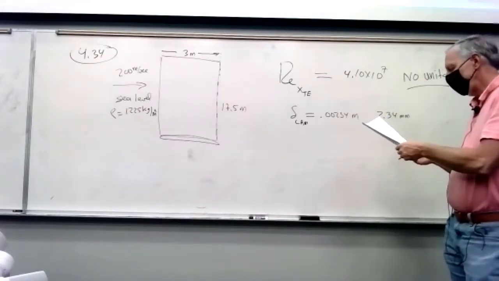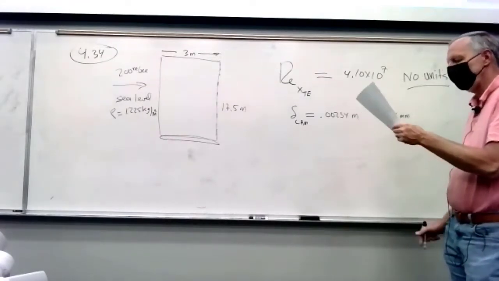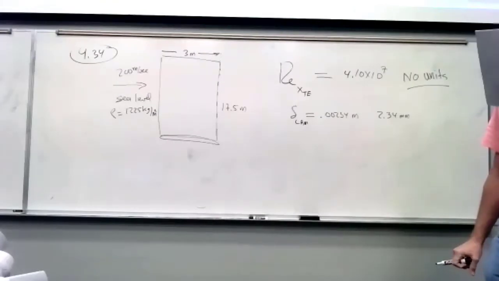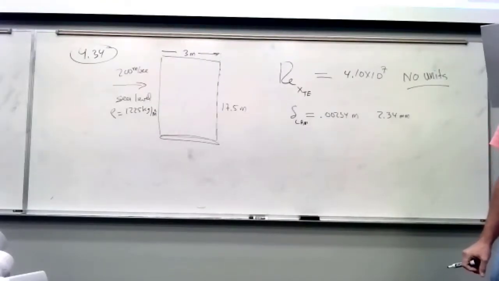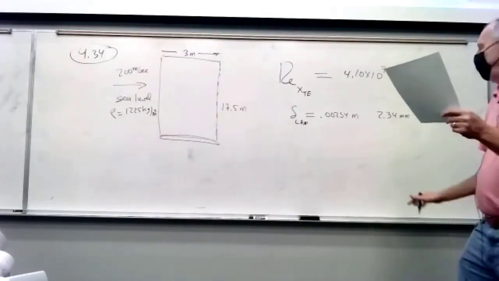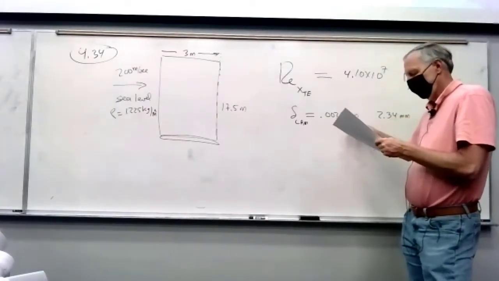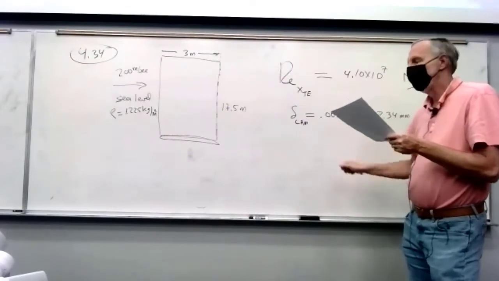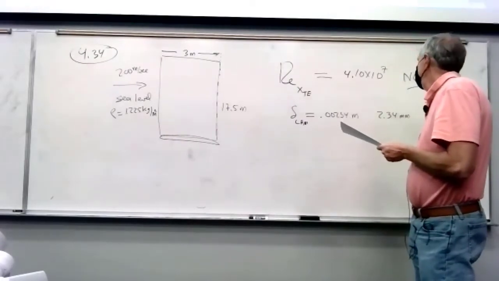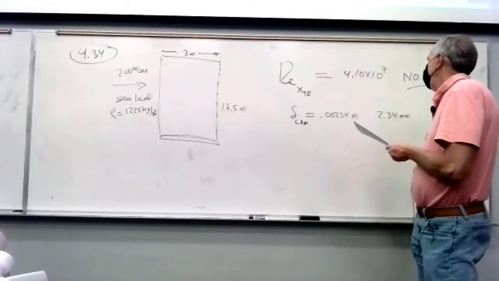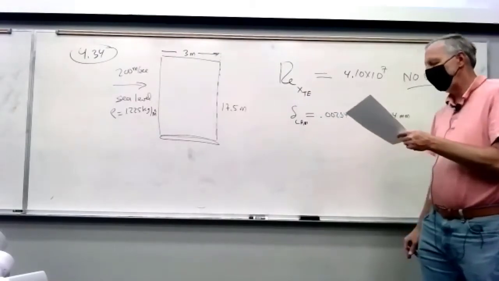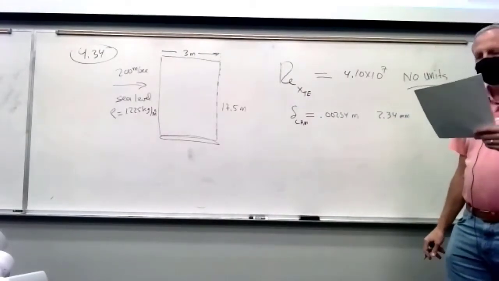It's 5.2 times 3 divided by 4.10 times 10 to the 7th, right? I had more sig figs, so that's probably why. Oh, okay. So you have 0.00234. Yeah, my Reynolds number is like 4.10 times 10 to the 7th. Oh, yeah, I didn't carry that out. So yeah, that makes sense.